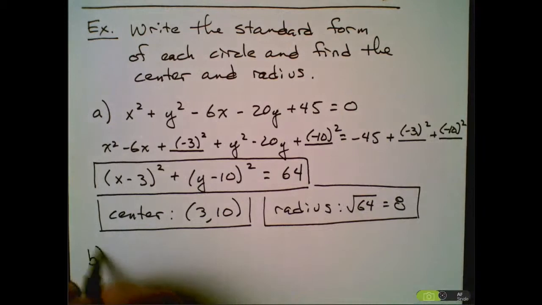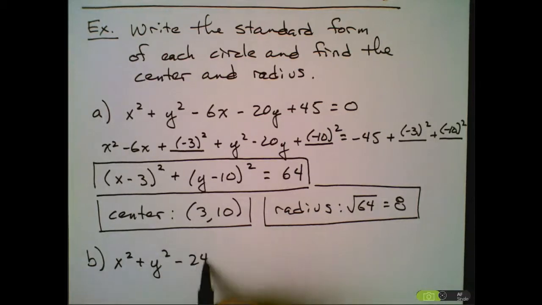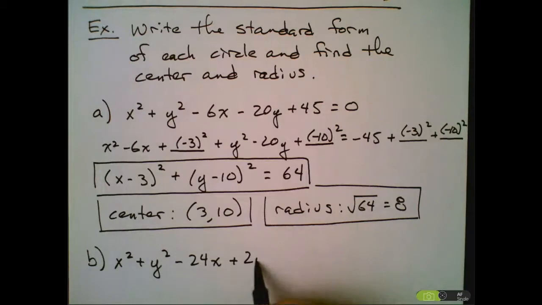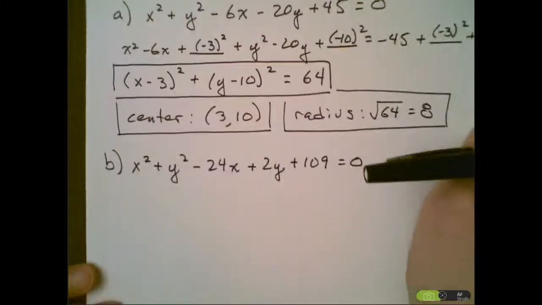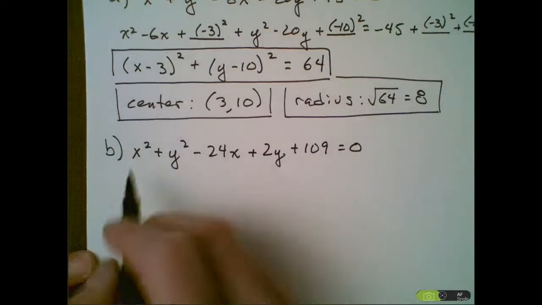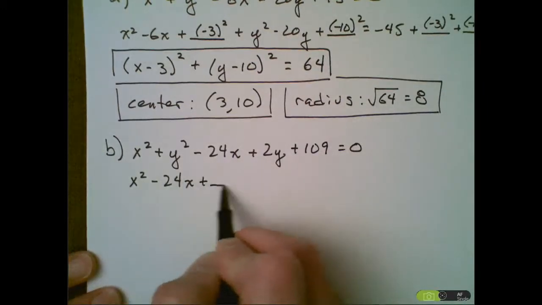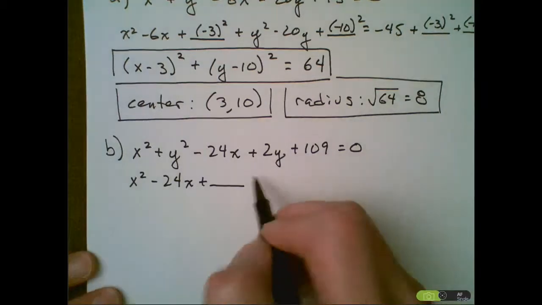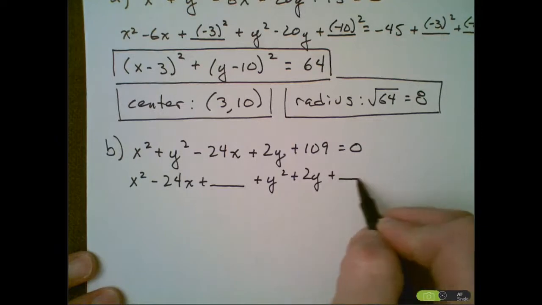Alright, so let's try one more example. Suppose that we've got x squared plus y squared minus 24x plus 2y plus 109 is equal to 0. So again, we'll do a little bit of rearranging and leave some placeholders for completing the square. So I've got x squared minus 24x plus something that we're going to add there to complete the square with the x's, plus y squared plus 2y plus something to complete the square with the y's.